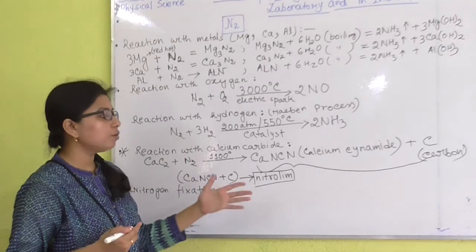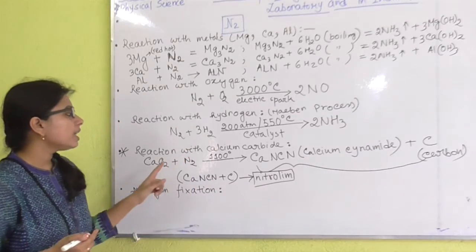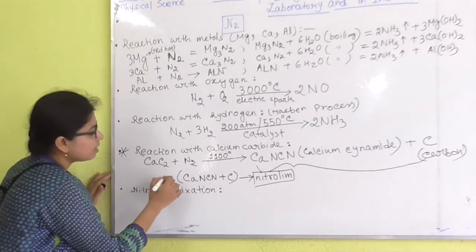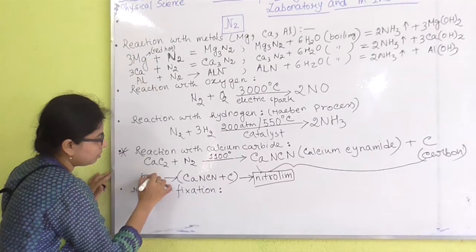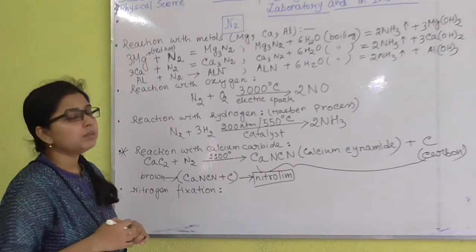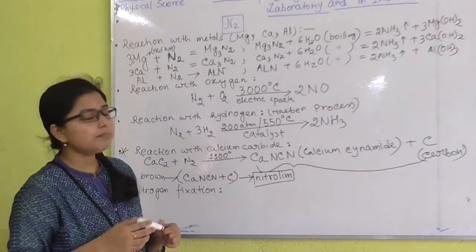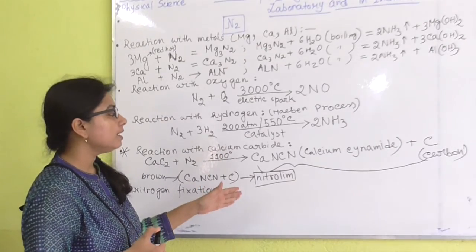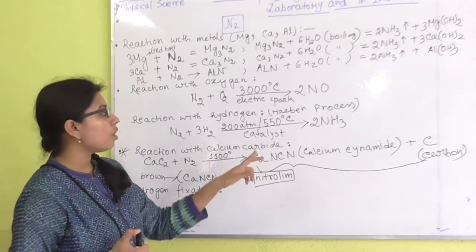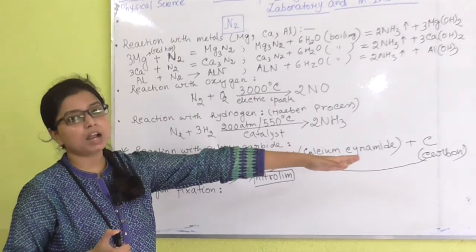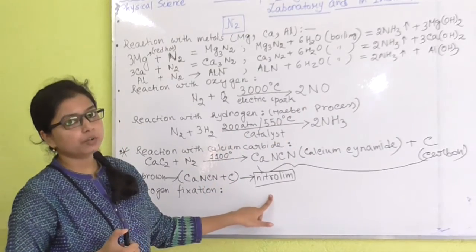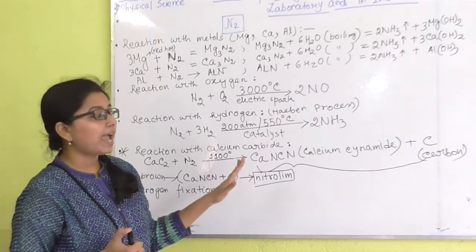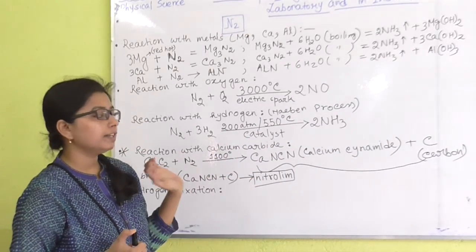Okay, it acts as a very good fertilizer. And the color of this mixture is almost brown. This is a very common question, what is nitrolim and mention its one use. Then you have to answer that the brown color mixture of calcium cyanamide and carbon is known as nitrolim and it acts as the fertilizer.